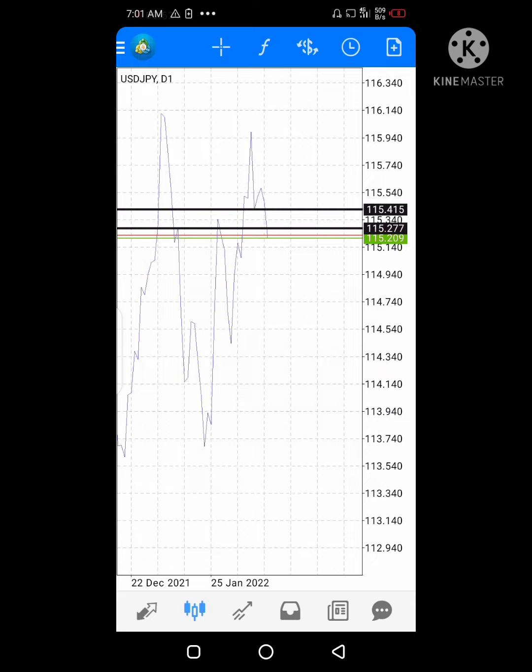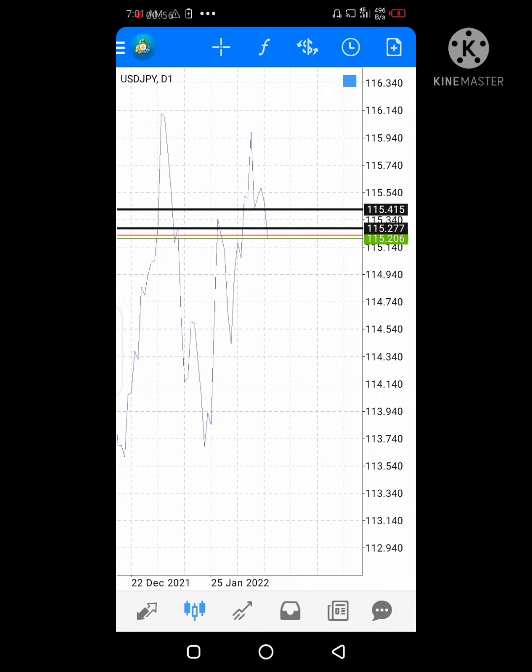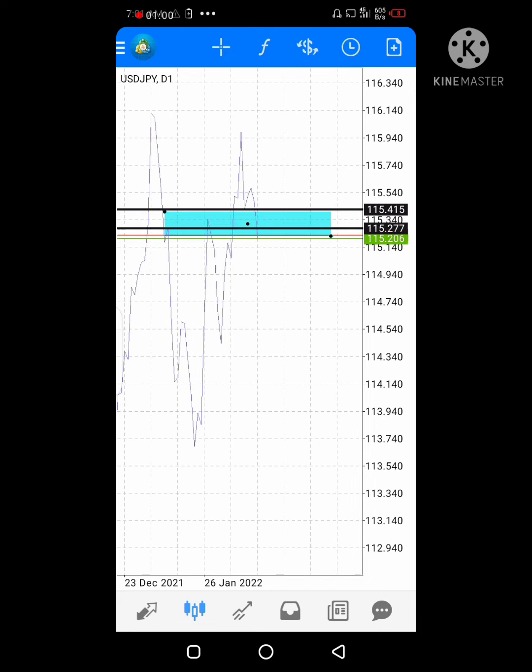So we're just going to put a line between this side, so the touches will be more.